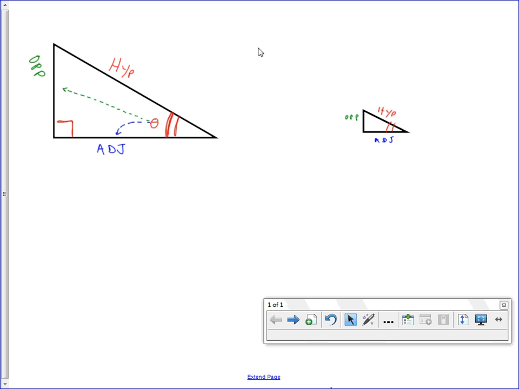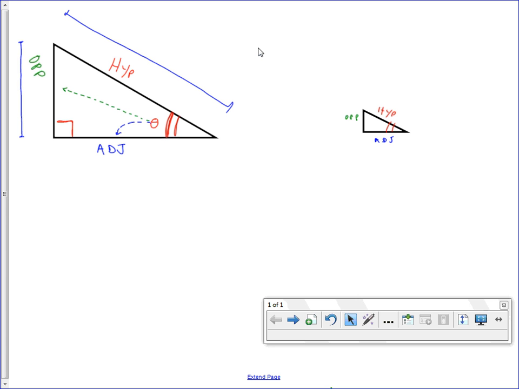There are ratios of the length of one side to the length of the other side. For example, notice that this side length is less than this side length.